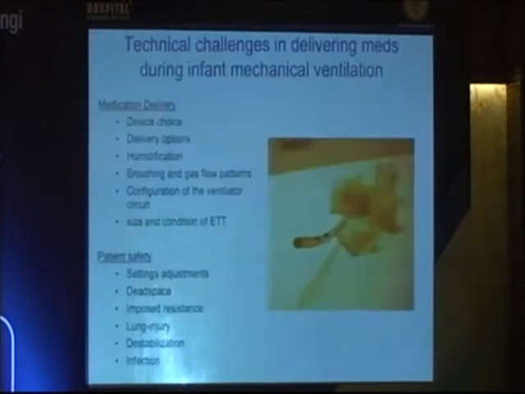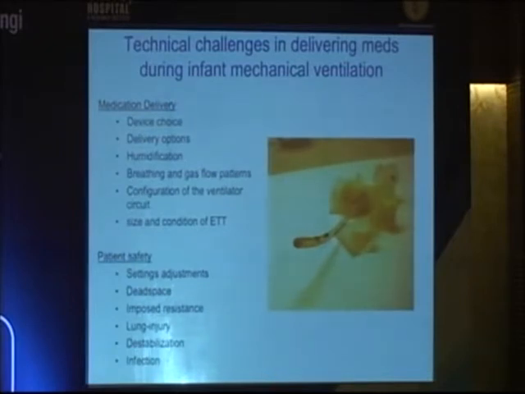Now, you complicate this process tremendously when you want to deliver inhaled medication to people that are receiving mechanical ventilation, because first of all, the humidifier that I spoke of earlier, even though it's very effective in reducing inflammation and providing adequately heated and humidified gas to the lung, it can also kind of act like flypaper.